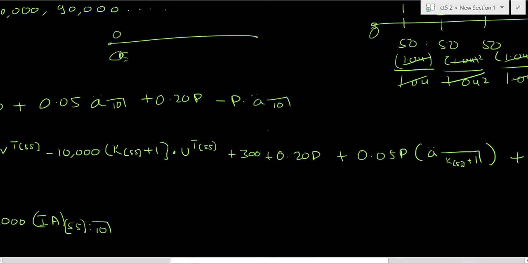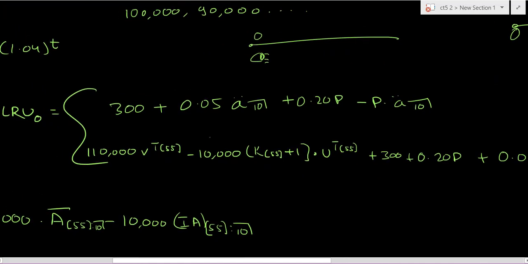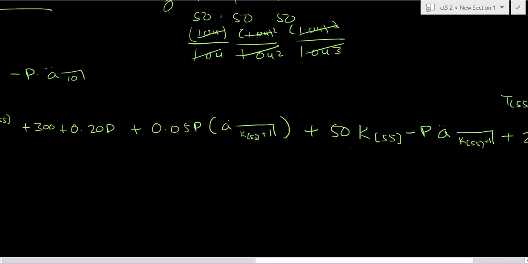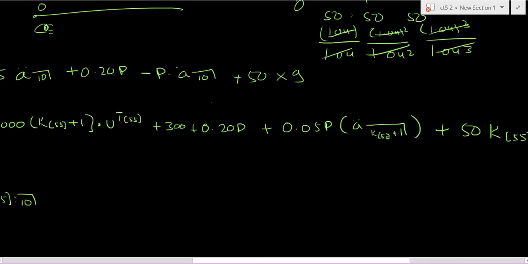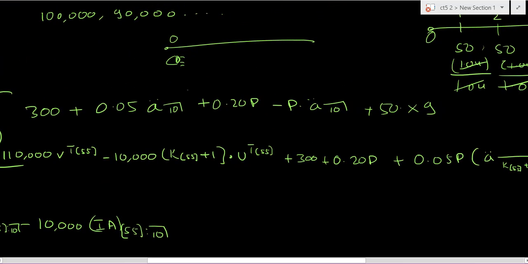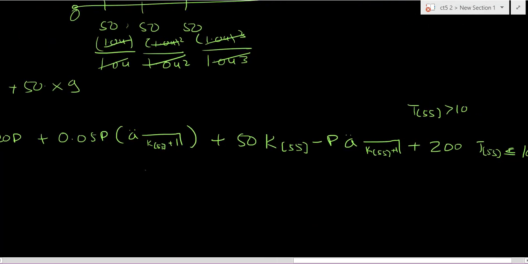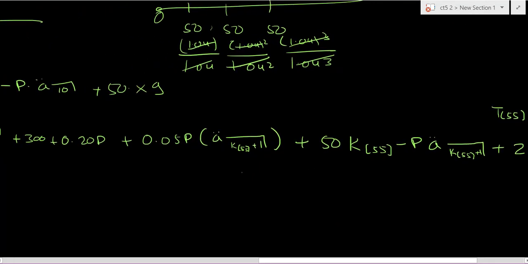Okay, so this is your value for the, right, and then there is this expense of 50 into K55, so this would become 50 into 9 actually, because it is payable for 9 years from time 1 to time 10 and not at time 0, right? So this is your value for the gross future loss random variable in this case. Okay, and that's all for this video. Thank you.